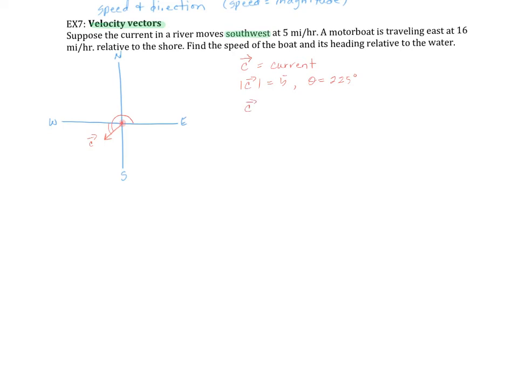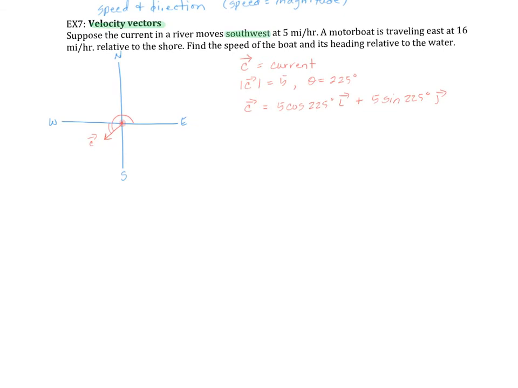So now my vector that represents the current would be 5 cosine of theta, which would be 225, and I'll write it in terms of i and j, plus 5 sine of theta, which is 225 degrees.